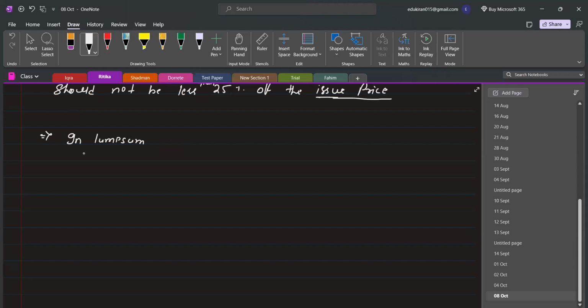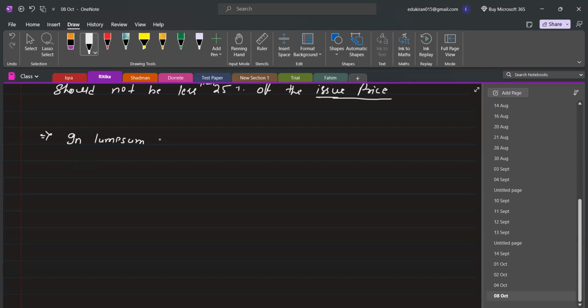Actually, when amount is in lump sum, if you do not pay the full money, they will not allow you the share. So is there any chance that you can default the money? No, sir. So that's why in lump sum method, there is no calls in arrear or calls in advance.